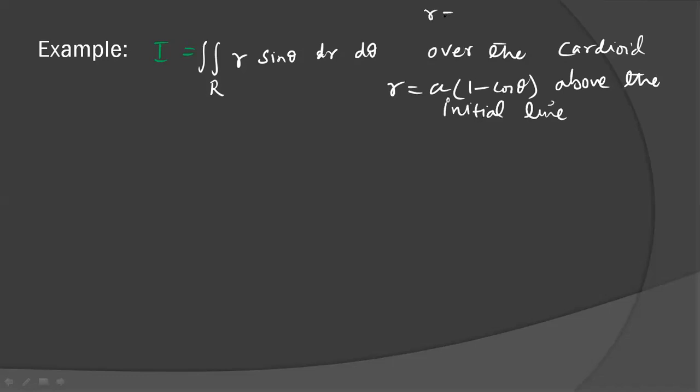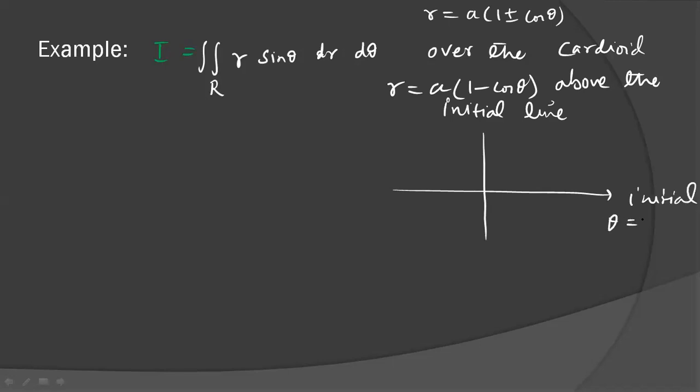You remember there are two cardioids, r equal to a(1 plus cos theta) and r equal to a(1 minus cos theta). I advise all of you to see these tracings. Here theta equal to 0 degrees, here theta equal to pi by 2, here theta equal to pi, and here theta equal to 3 pi by 2, and if you take one round, this is equal to 2 pi.